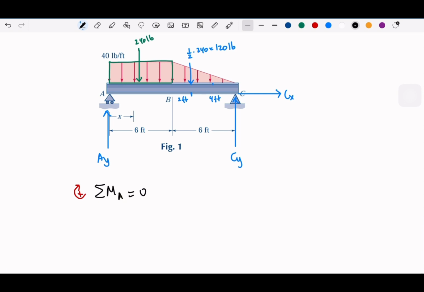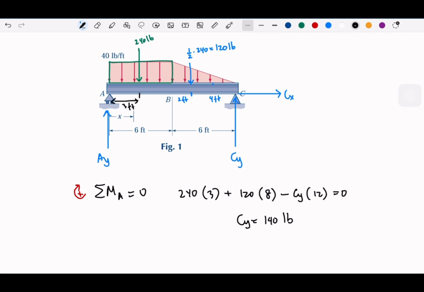So we have 240 multiplied by 3 feet, since it's perfectly in the middle, plus 120 times 2 plus 6, which is 8. And the last one will be Cy, which is counter, so negative Cy times 12. We can compute Cy, and this will be around 140 pounds.